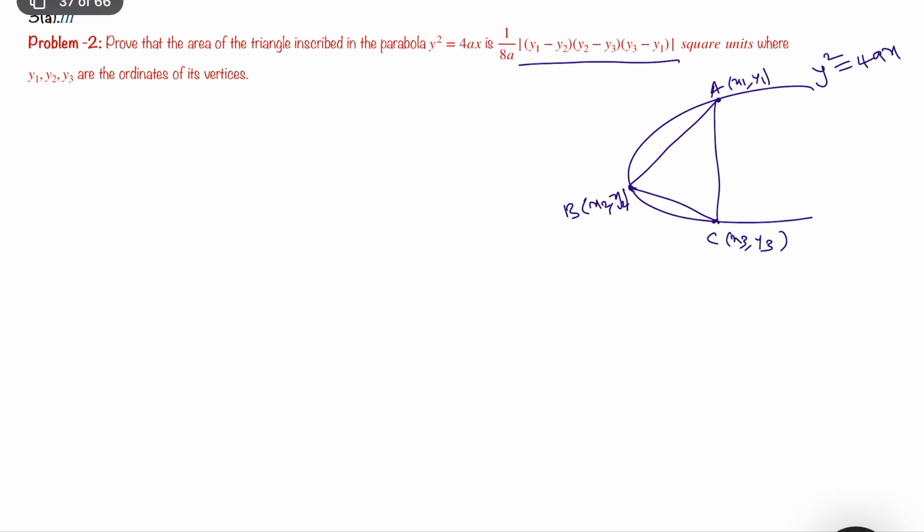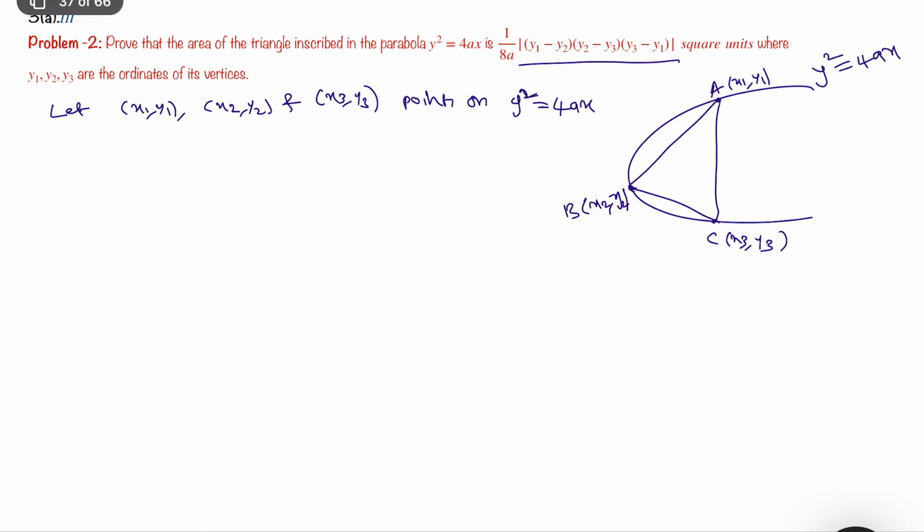Now let x1, y1, x2, y2 and x3, y3 be points on the parabola y square equal to 4ax.